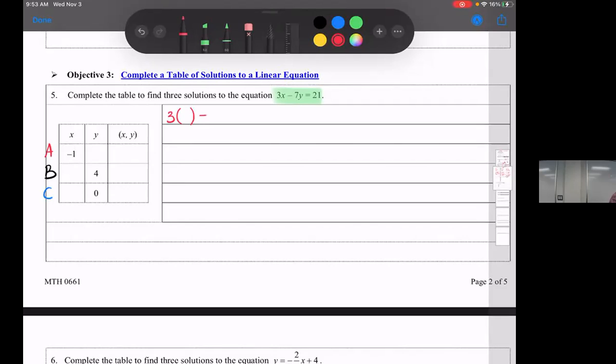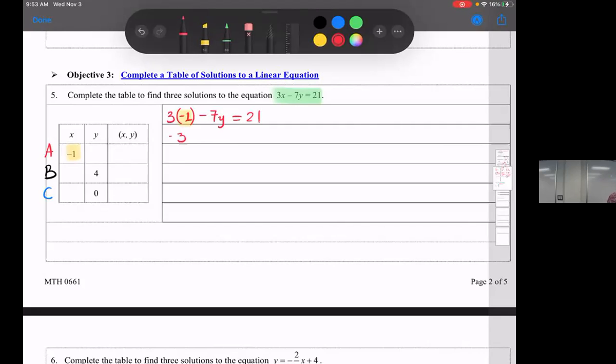So I replace X with a parenthesis, because I'm looking for Y, I leave it as the letter: minus 7y equals 21. And now X is -1. You just plug in the -1 there. And now you solve for Y.